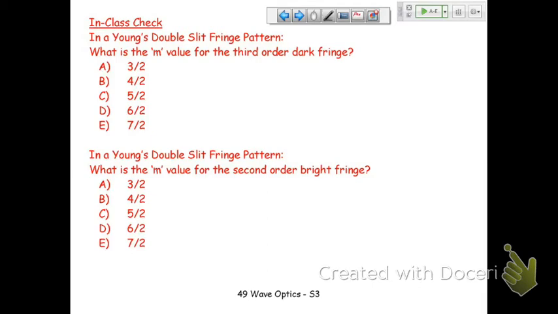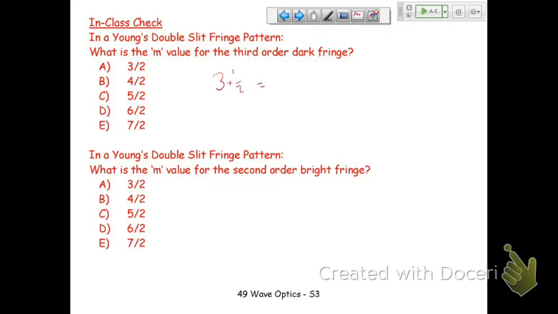So in Young's double slit fringe pattern, what is the m value for the 3rd order dark fringe? Well, what's it going to be? 3, but it's a dark fringe. 3 plus a half.